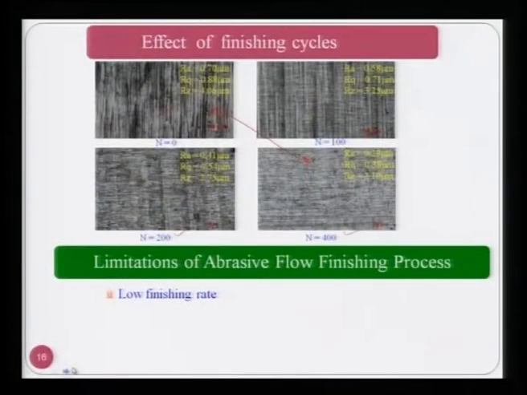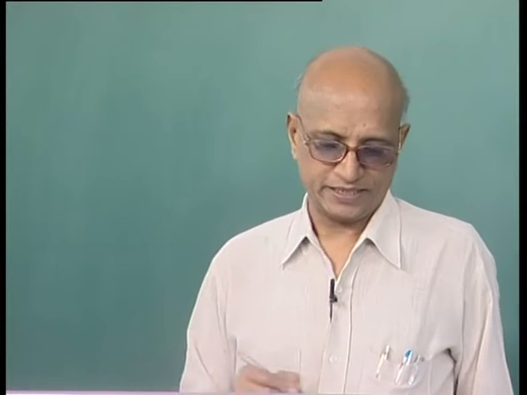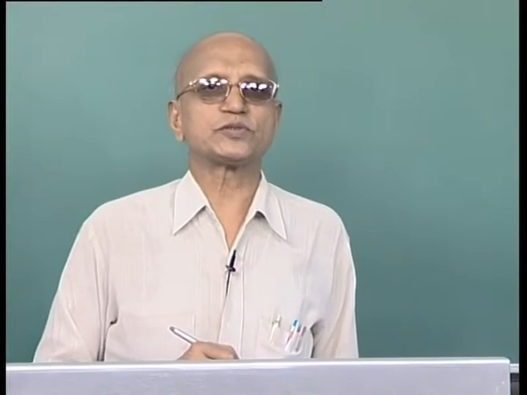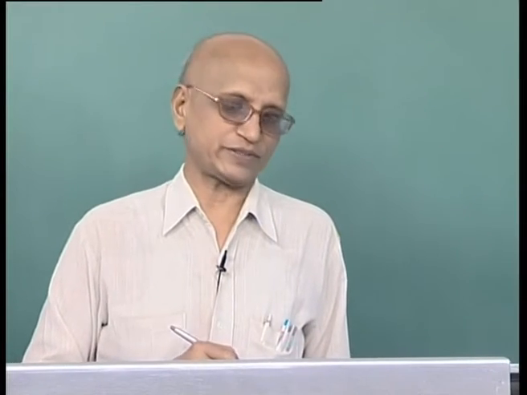Now, there are certain limitations of the abrasive flow finishing process. First thing is, it has a low finishing rate. Second is, the polymer abrasive medium loses its viscosity. As you keep finishing, the rheological properties of the medium keep changing or rather deteriorating. So, after a certain period of use, you have to replace it with a fresh one.